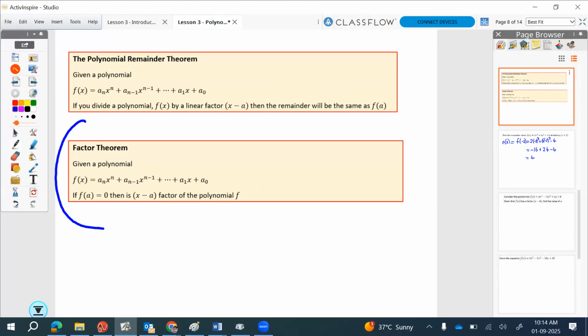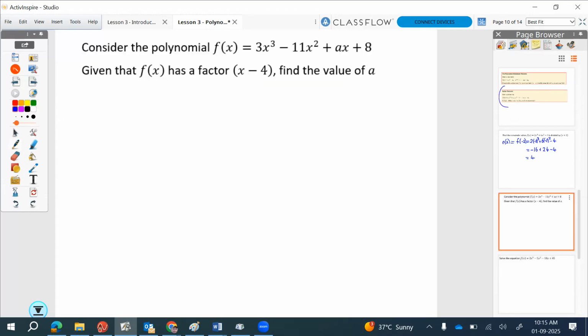It says that f of a is equal to 0, so f of the root is equal to 0 if x minus the root is a factor. In this question we're told that x minus 4 is a factor. So f of which number is equal to 0? F of 4 is equal to 0.